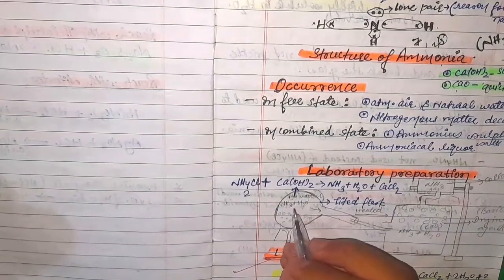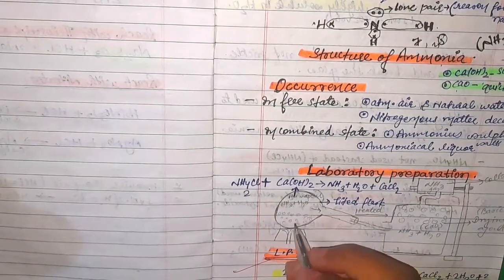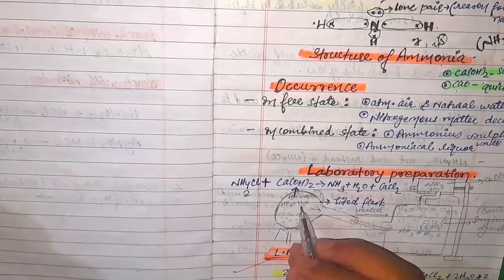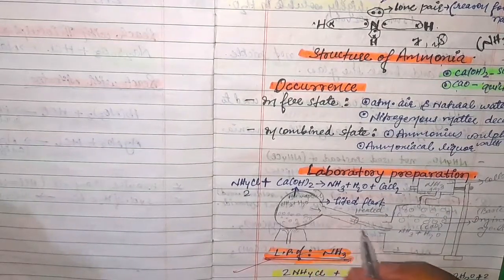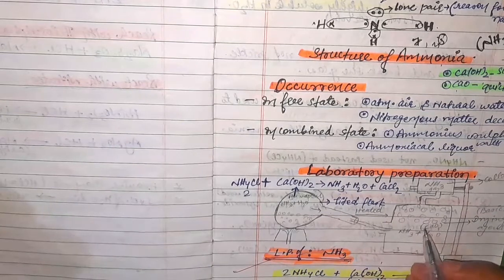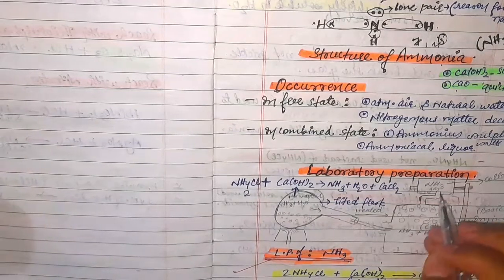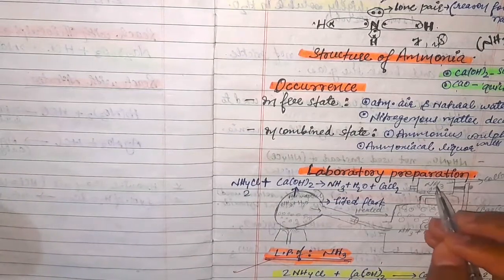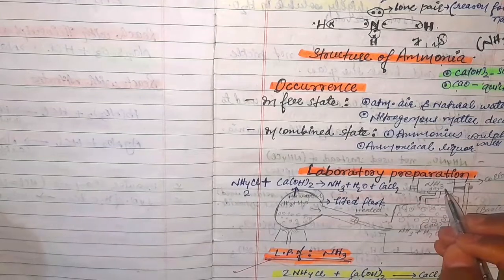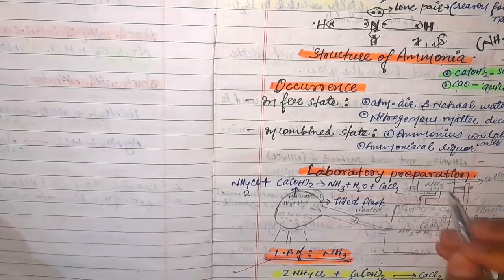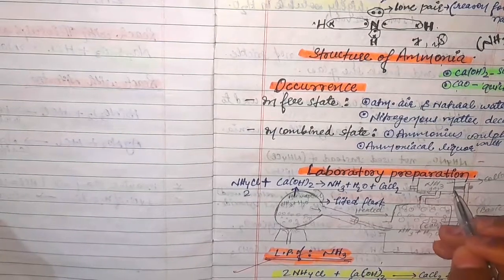Now the process is like this: ammonium chloride plus calcium hydroxide is heated strongly, and then it forms vapor. The vapor moves to this chamber through the tubes, and in the chamber, in the above part, there is a drying agent fixed, that is calcium oxide. After passing through the drying agent, the water is absorbed, and only the ammonia passes and is collected here by downward displacement of air.